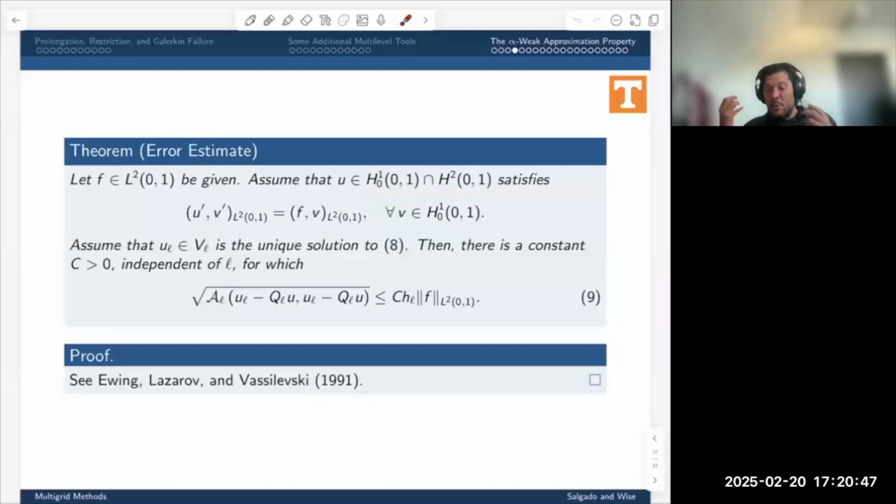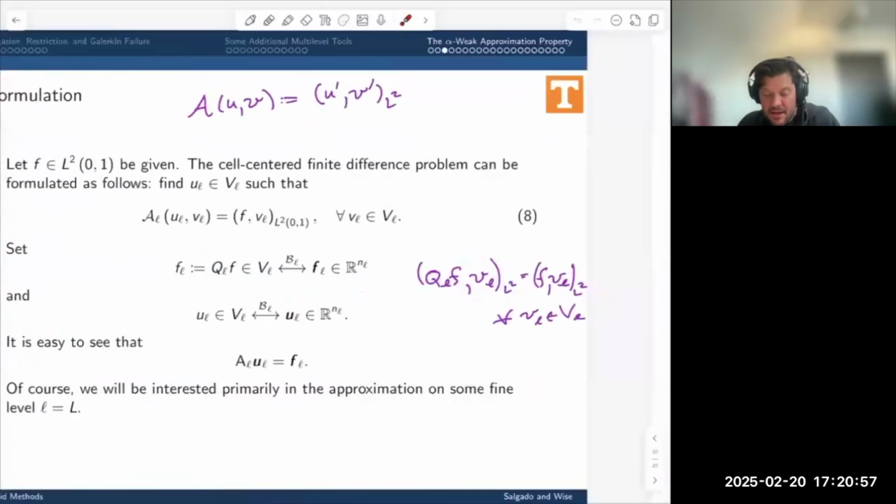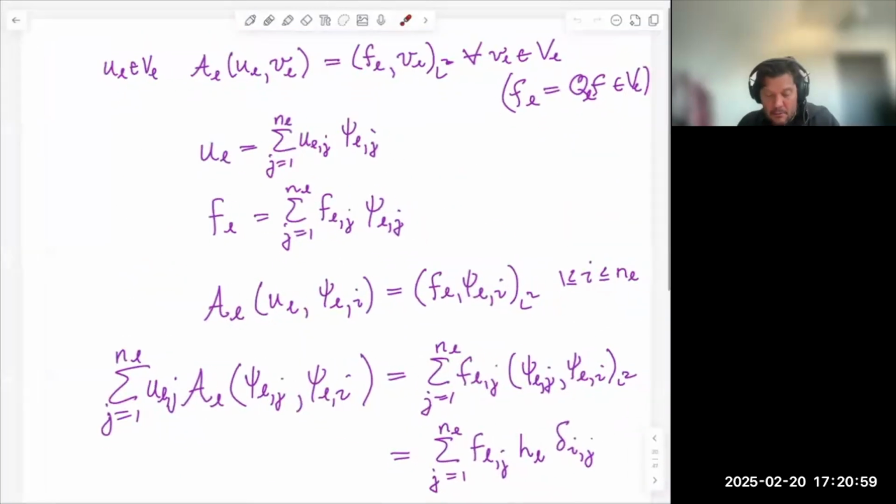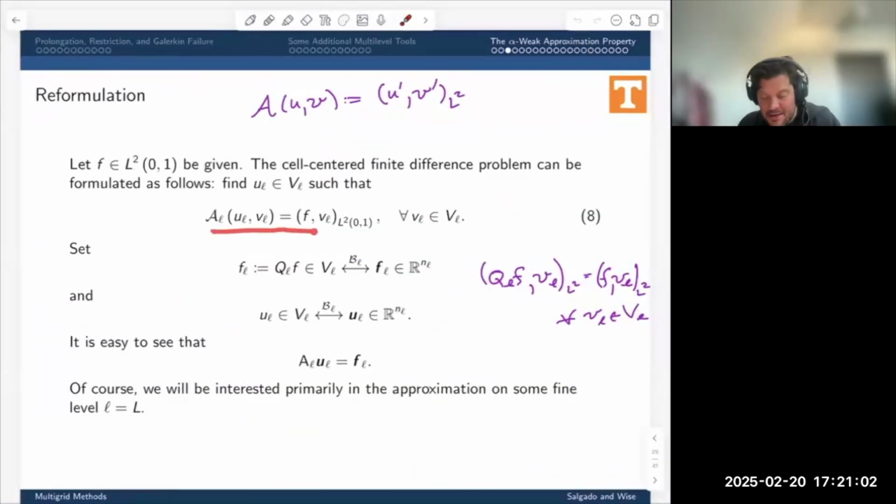That's what we call the weak formulation of the Poisson problem. So on one hand, we've got this continuous solution that satisfies the weak formulation, and we've got UL, which satisfies this approximation.